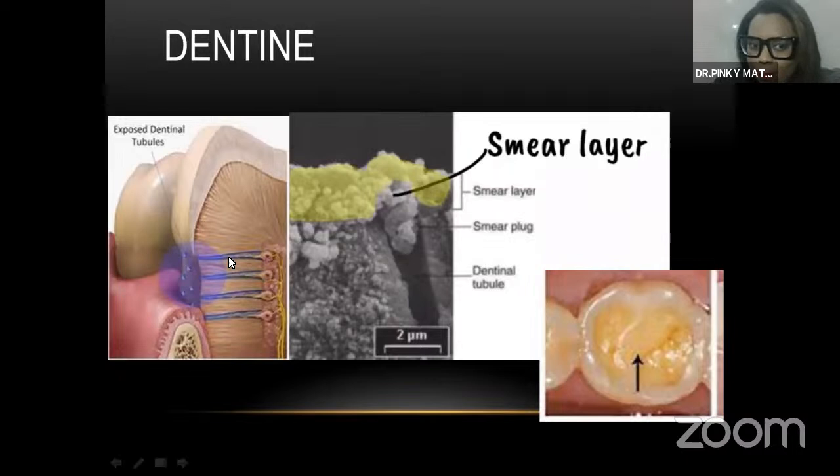So, three things you have to keep in mind, which are going to be your game changer here. The dentinal tubules have nerve endings from the pulp, from the odontoblasts and the odontoblastic processes. Your dentinal tubules have a lot of water content in them. And these tubules have this fluid flowing in and out under a pressure of 25 to 30. Now, this pressure plays a very, very big role.